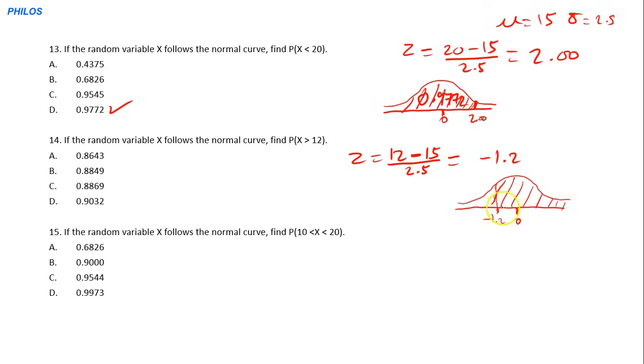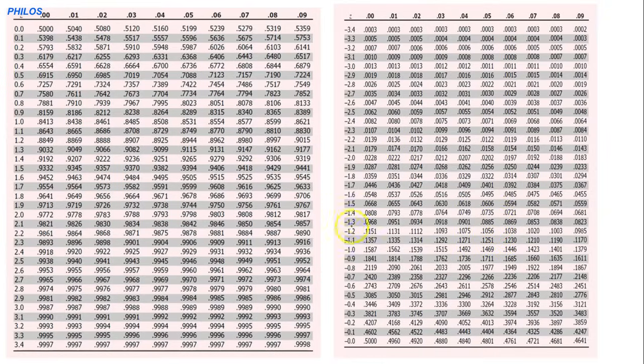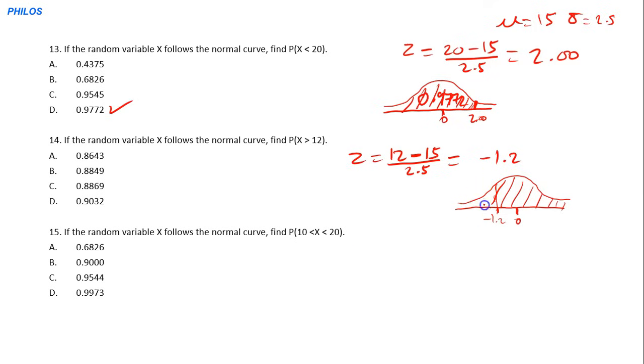So to get this area, first we can check negative 1.2 on its corresponding negative z table. So let's check negative 1.20. That is 0.1151, isn't it? Which means that to the left.